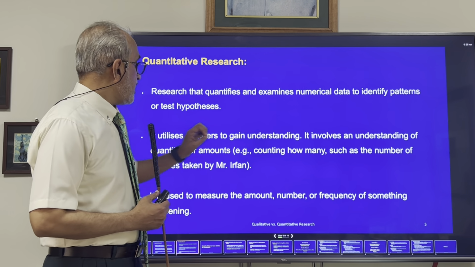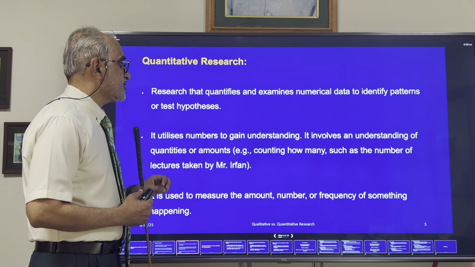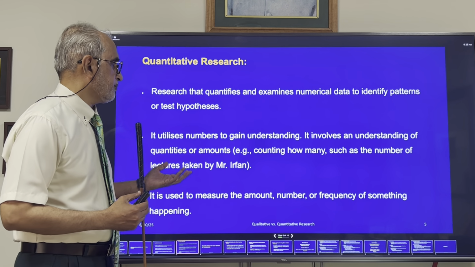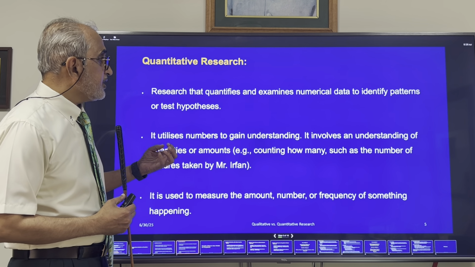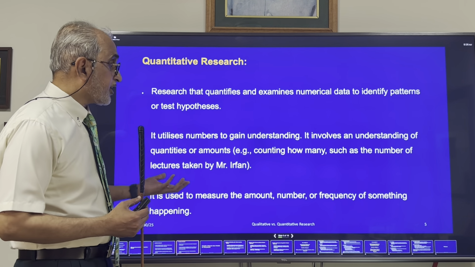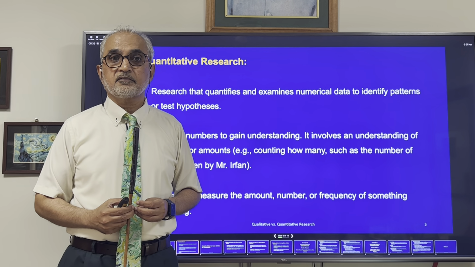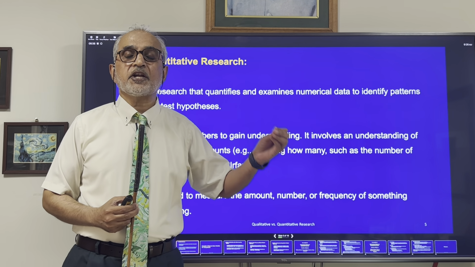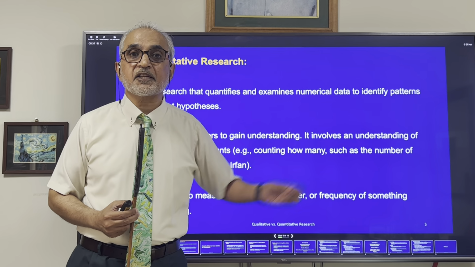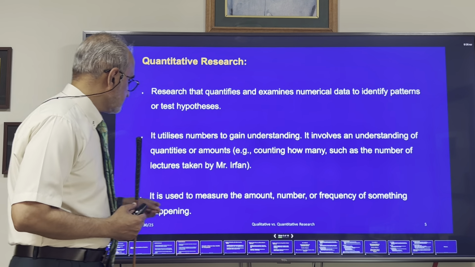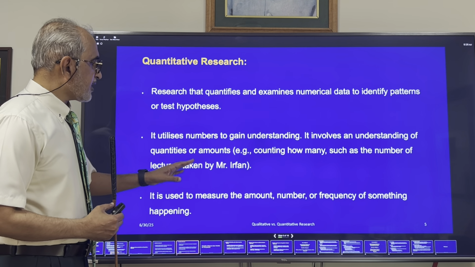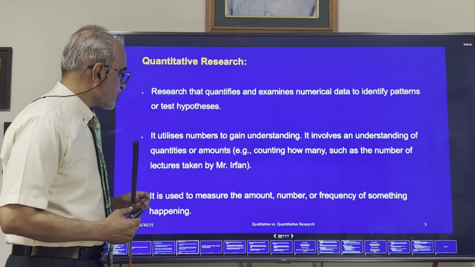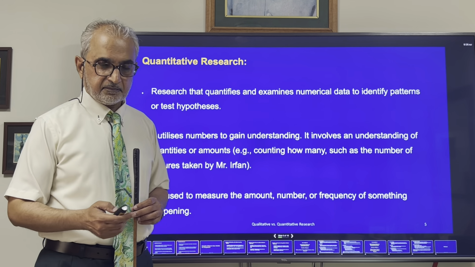It involves understanding of quantities or amounts. For example, counting how many, such as the number of lectures taken by Mr. Irfan. What is the duration of lectures of different faculty members? It is used to measure the amount, number, or frequency of something happening.